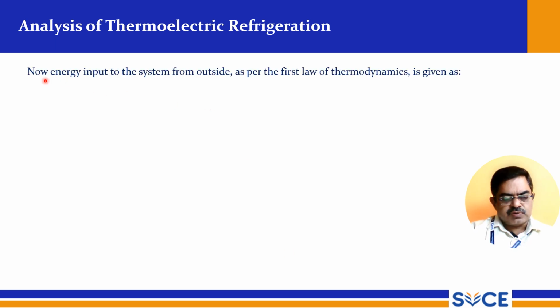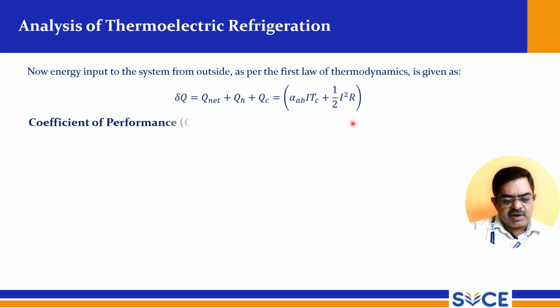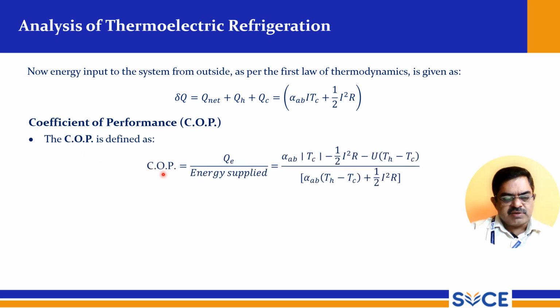Analysis continues. Now, the energy input to the system from outside as per the first law of thermodynamics is given by delta Q equal to Q net, that is QH plus QC, which equals alpha AB I (TH minus TC) plus half I squared R. The coefficient of performance, COP, is defined as COP equal to QC divided by the energy supplied.